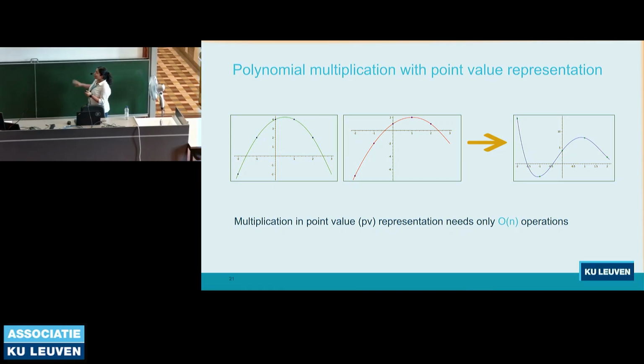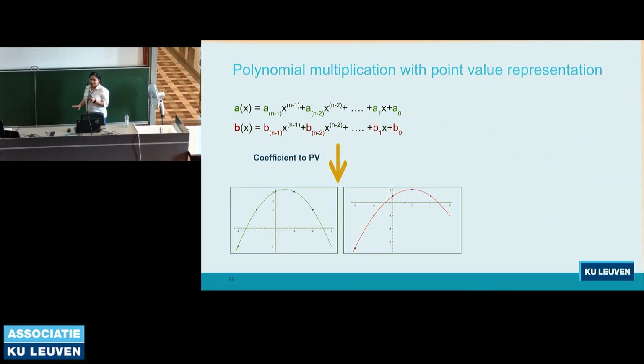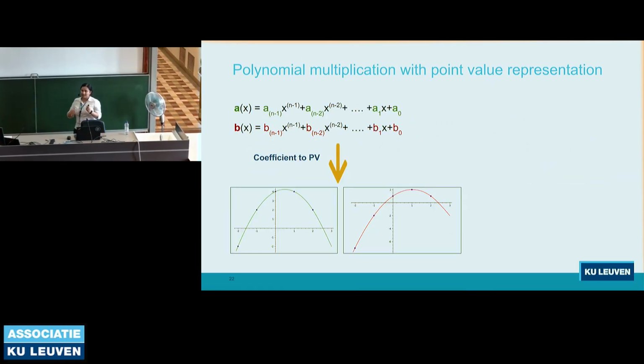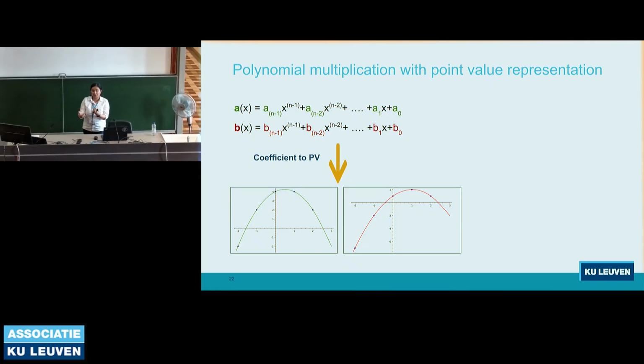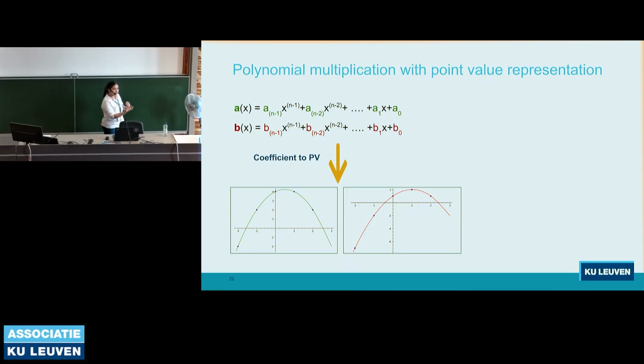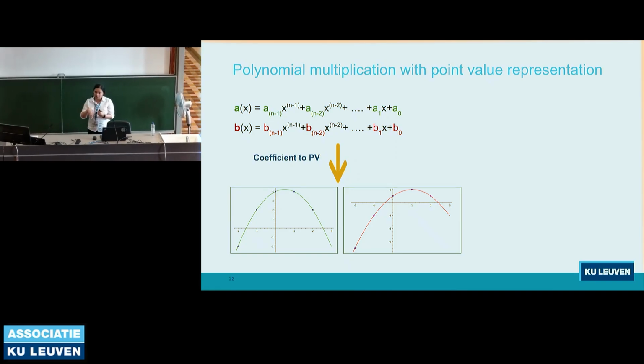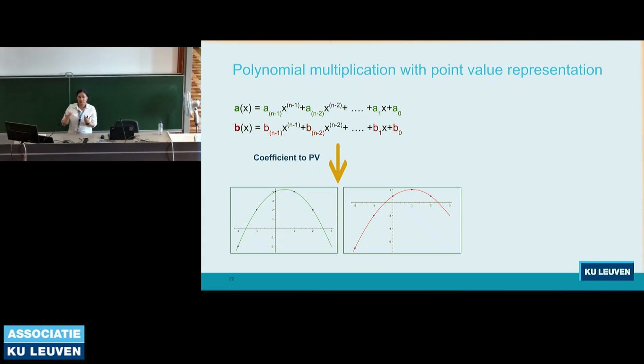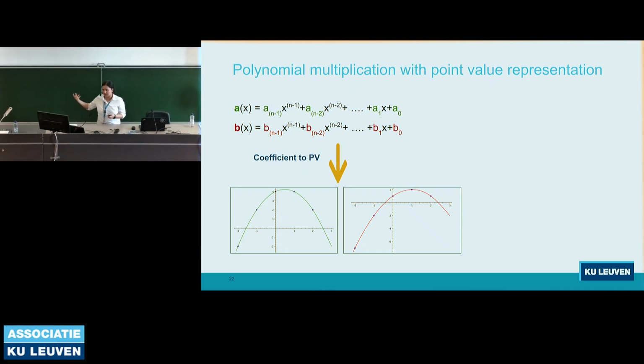However, although it is order of n, we do need something that converts the coefficient representation to point value representation. I need some kind of mapping or function that would do that.